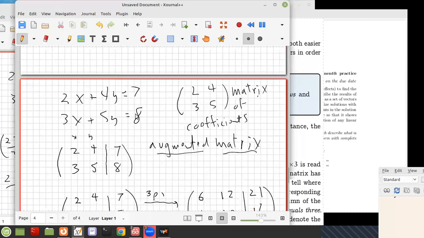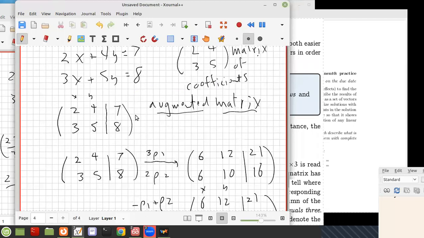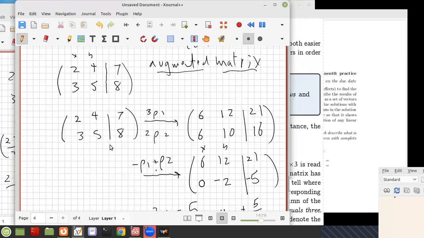You put it back into an equation. So it would be 6x plus 12 times 5 over 2 equals 21, or would it be 16? Okay. So you're saying this matrix was wrong.